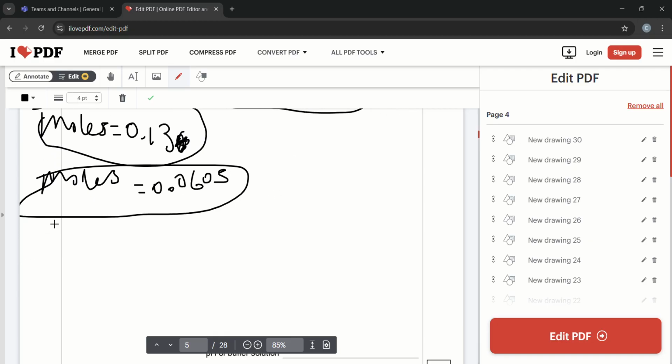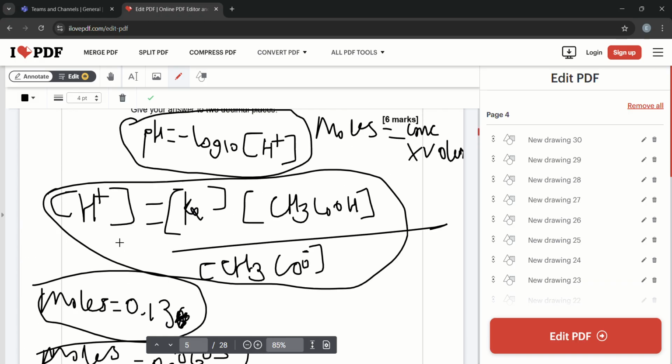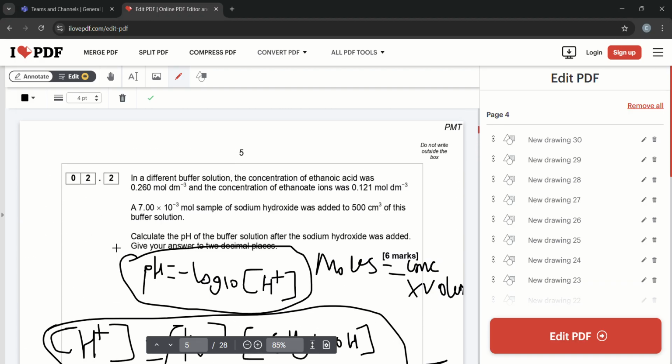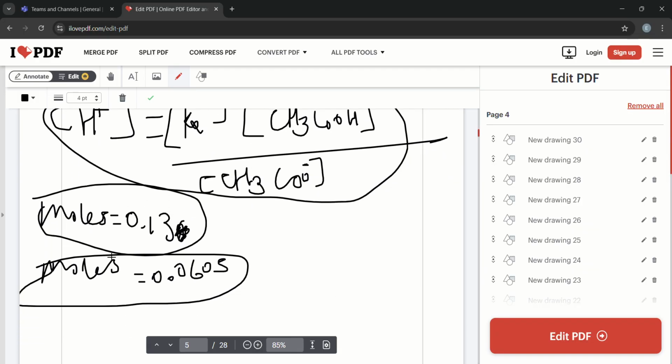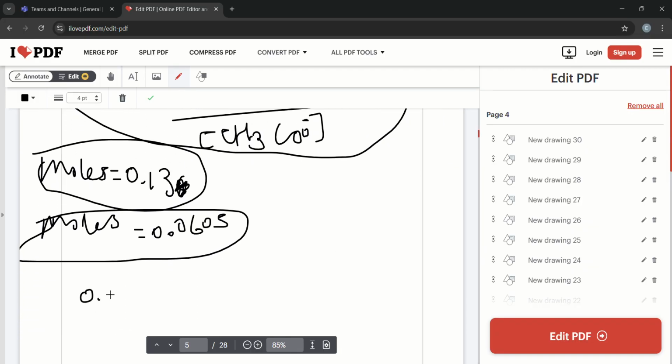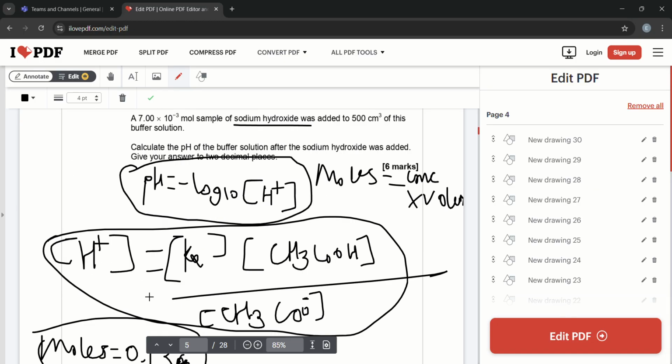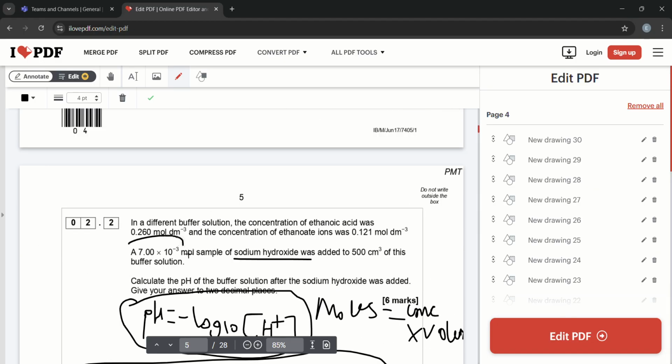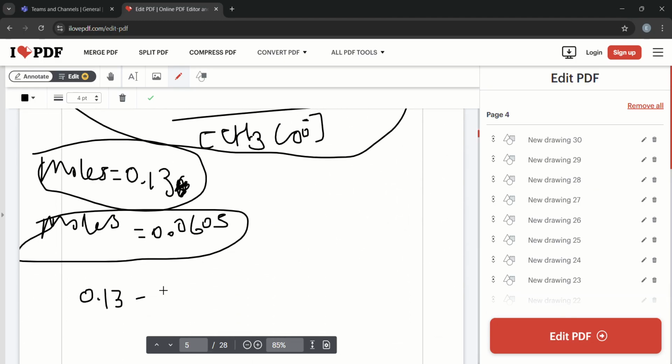Now we can work out the moles of CH3COOH after the addition of the sodium hydroxide. So what's it going to be? Well, 0.13 minus 7 times 10 to the power minus 3.